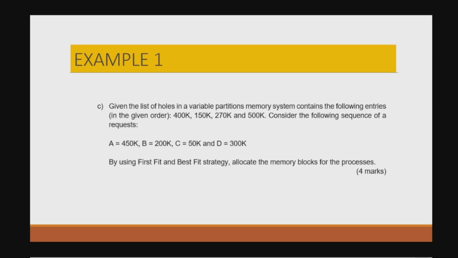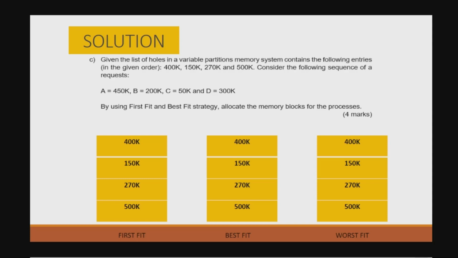So basically we know we have three algorithms. In this example, I show you how to do it in best fit, first fit, as well as the worst fit algorithm. Based on this question, we have 400, 150, 270, and 500k.